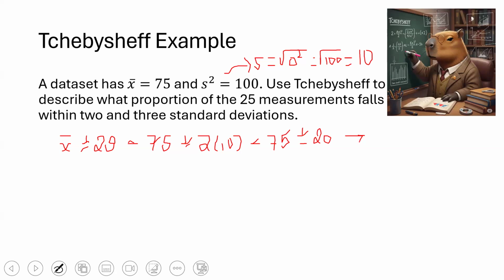Subtracting 20 gives me 55. And adding 20 gives me 95, 75 plus 20. So the interval from 55 to 95 would contain 75% of the data in that interval, at minimum, right? That's the lower estimate of Chebyshev's rule.